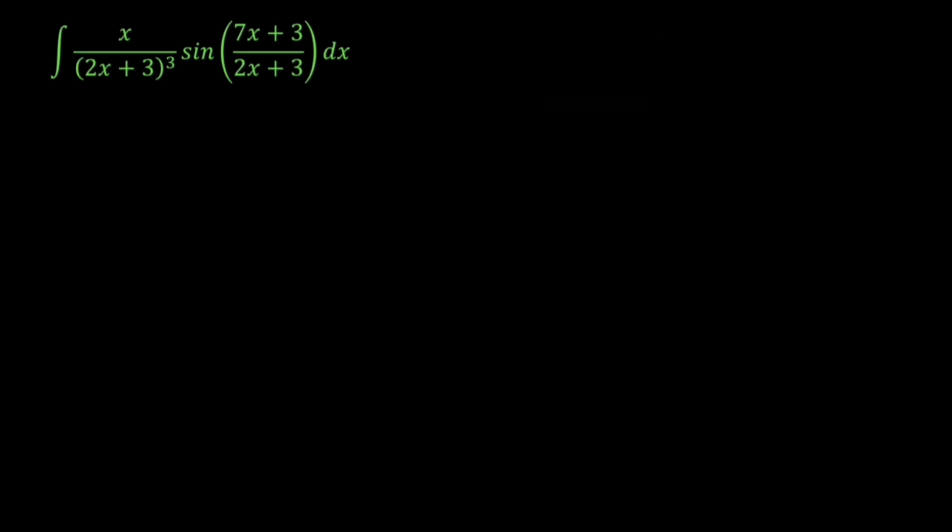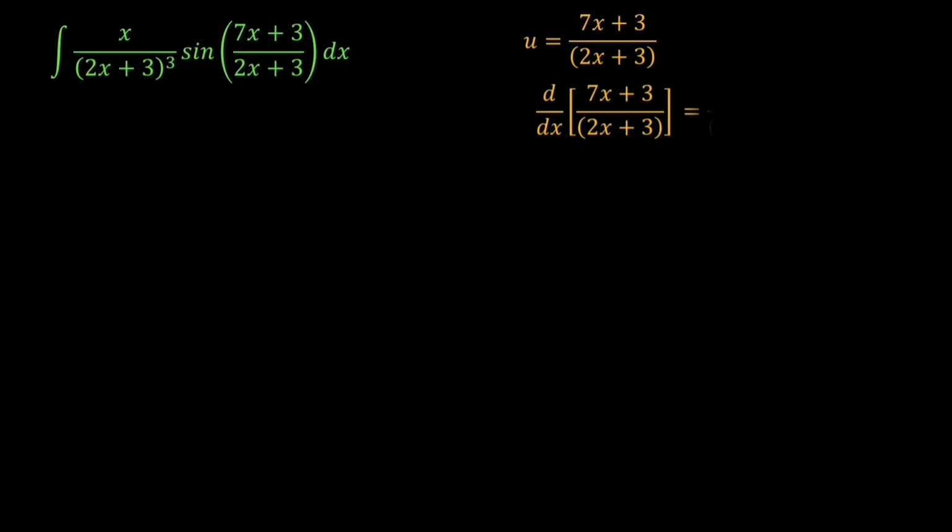If we use (7x plus 3) over (2x plus 3), its differentiation will be 15 over (2x plus 3) perfect squared. It's okay. But using this value, expressing x over (2x plus 3) in terms of u will be a little bit complex.